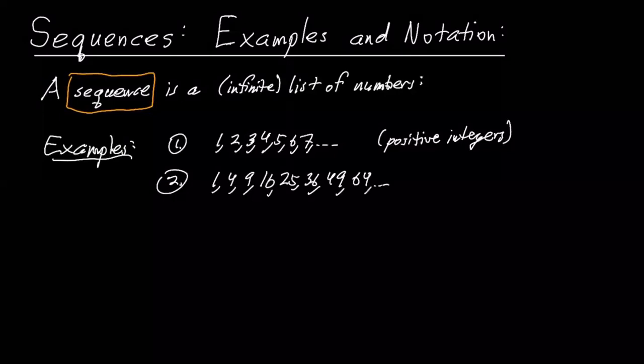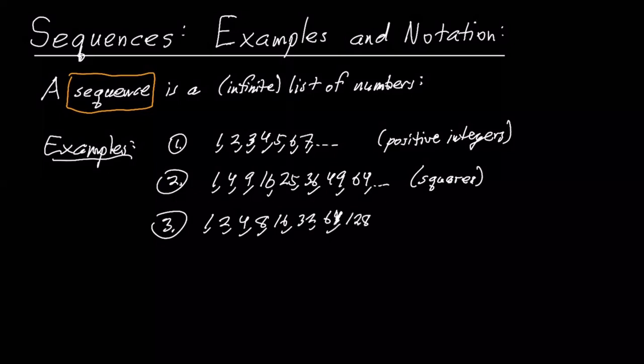How many can you name? Those are the squares. We could do something like the powers of 2: 1, 2, 4, 8, 16, 32, 64, 128, and so on.